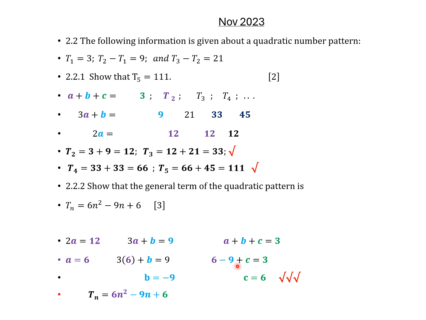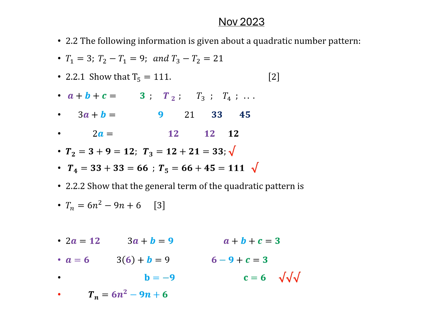So 6 minus 9 gives me negative 3. If I take it over, 3 plus 3, c equals 6. 1 mark for a, 1 mark for b being correct, 1 mark for c being correct. The formula I can't give you a mark for because that's given: 6n squared minus 9n plus 6. So hope you follow.